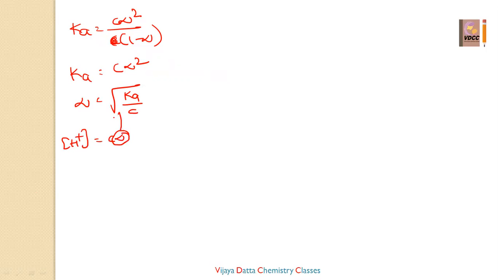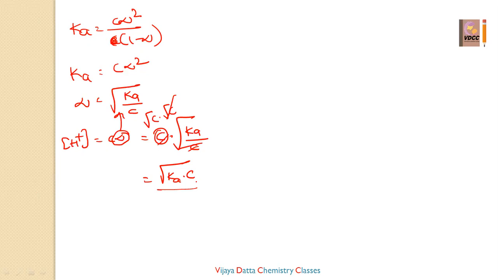Already we know the alpha value, so C into root Ka by C. Then C gets cancelled and it becomes root Ka into C, because this C I can write as root C into root C. Then root C gets cancelled, leaving root Ka into C. Got it? This is called the concentration of H plus formula for weak acids.